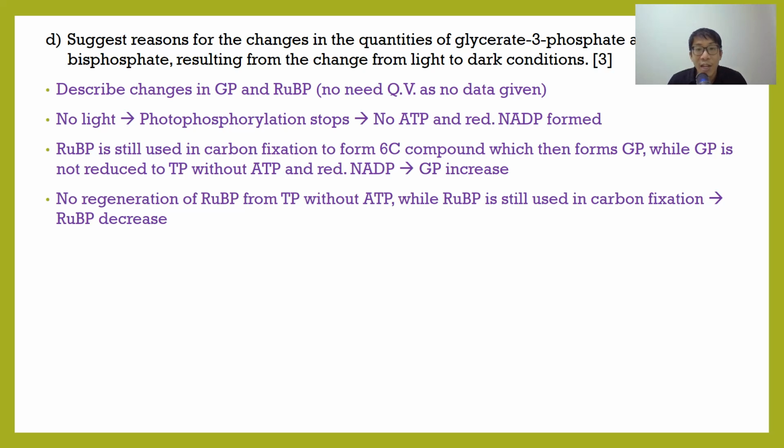And of course, over time, there will be less TP even, because of the lack of reduction as explained in point 3. Okay, so overall, there's less regeneration of TP to RUBP while it is still being used. So no formation, but got usage. So therefore, there's a net overall decrease in RUBP concentration.